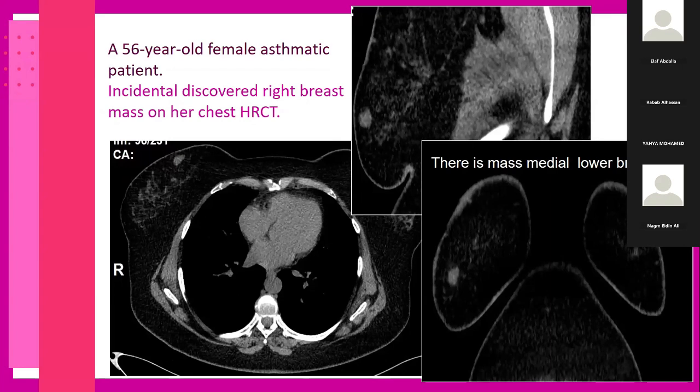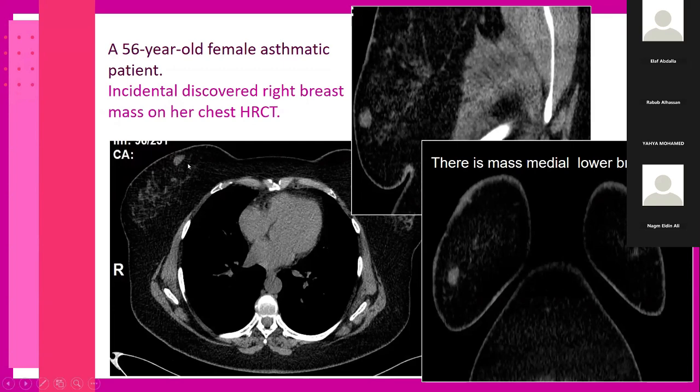A 56-year-old female asthmatic patient received a high-resolution CT chest to evaluate her chronic asthma, acute attack. Incidentally, a right breast mass was discovered on her chest CT.